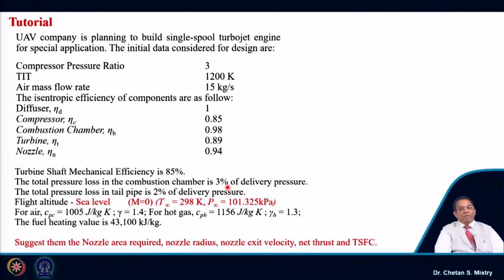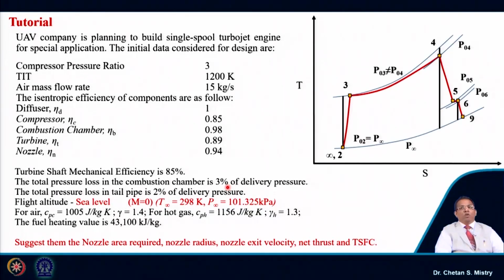For hot gas, the Cp value is 1156 joule per kg K, and gamma is 1.3. The heating value or lower calorific value of the fuel is 43,100 kilojoule per kg. Now, it is your duty to suggest the nozzle area required, nozzle radius, exit velocity, net thrust, thrust specific fuel consumption and efficiency of this engine.